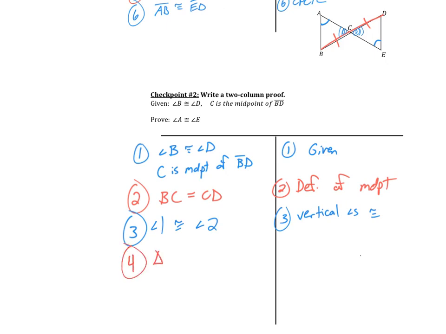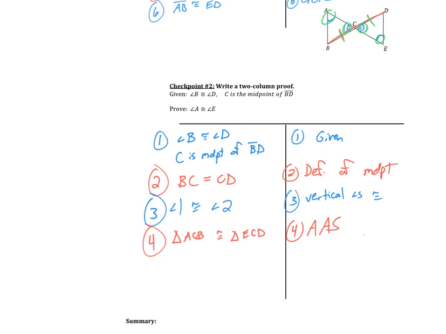Step 4, we have enough information to say the triangles are congruent. We would say triangle ACB is congruent to triangle ECD, and the reason is angle, angle, side.